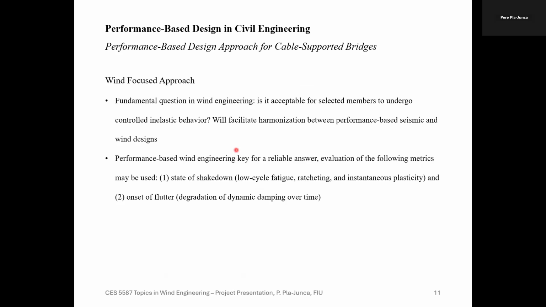Now, some details. One fundamental question in wind engineering that is now being answered through performance-based engineering approaches is whether or not the structure can undergo inelastic behavior under extreme wind events. Currently, this is not allowed, but if it were allowed, it would facilitate the optimization of structures that see the two hazards, the wind hazard and the seismic hazard.